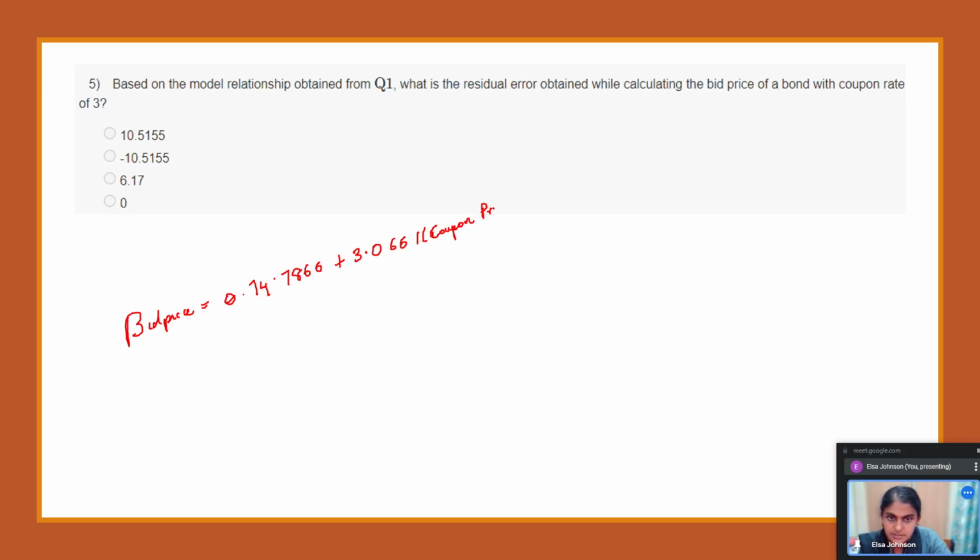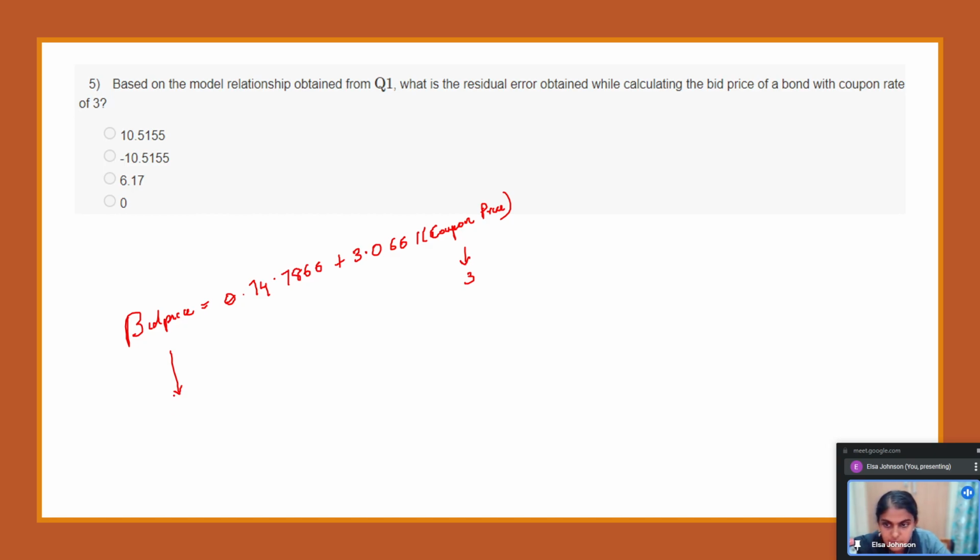Okay, so this is your equation. Using this equation, now you are given the coupon rate as 3, so you can find the predicted value for a coupon rate of 3.